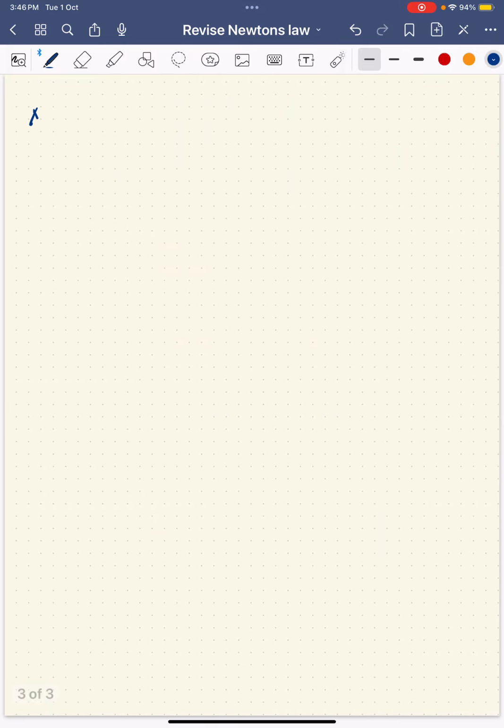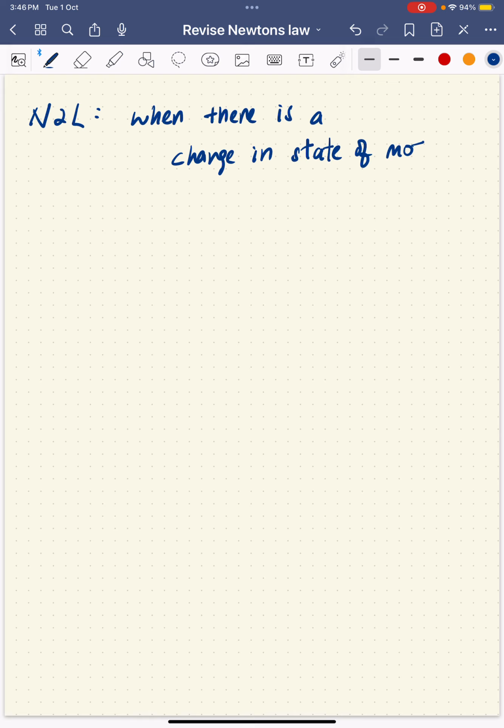Moving on, we talk about Newton's second law. Newton's second law applies when, in the situation for the given object, there is going to be a change in state of motion. What does change in state of motion mean?